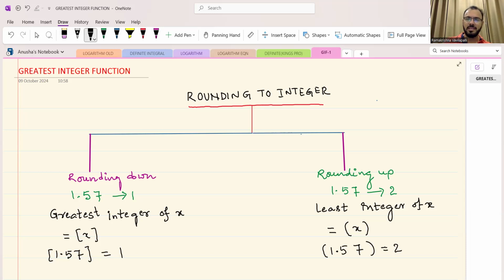The greatest integer is the lower integer near to the given number. Now I will concentrate on explaining what the greatest integral part of x, or greatest integer function, is. I'll explain with more examples.